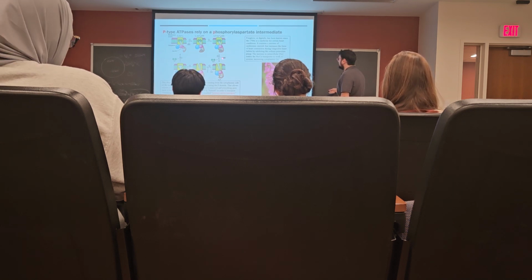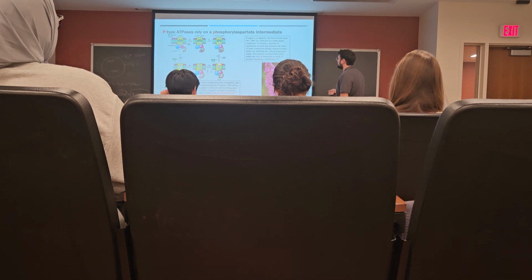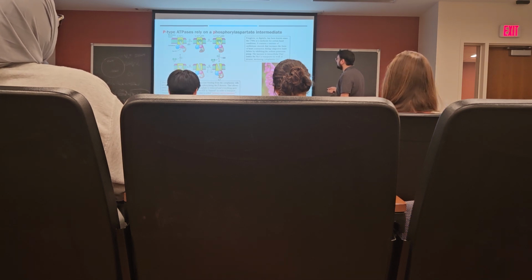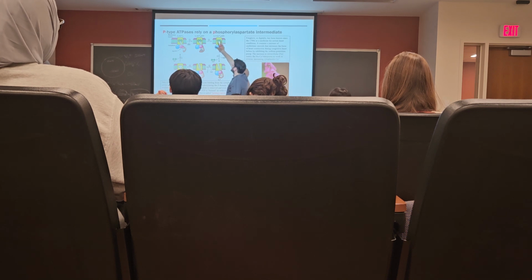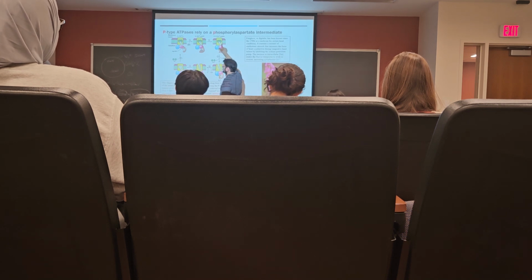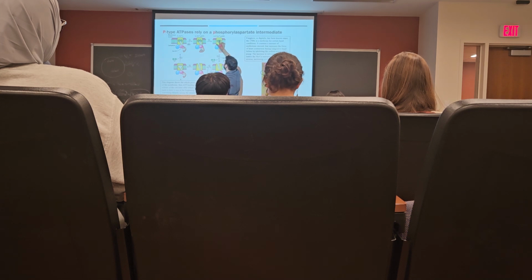What happens now? Well, the ADP is now released. And when the phosphoryl aspartate is formed, this causes a conformational shift in the actuator domain, which actuates a shift in the transmembrane domain, which closes this open side and opens this side.